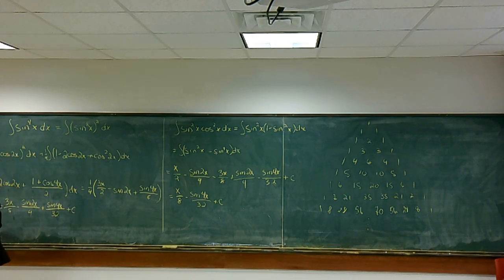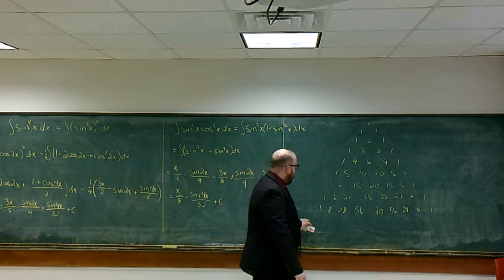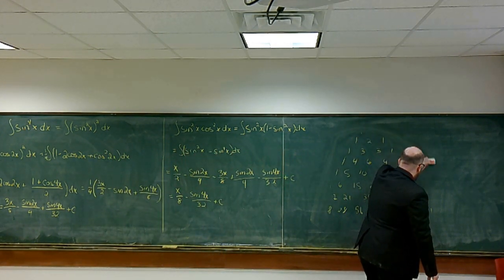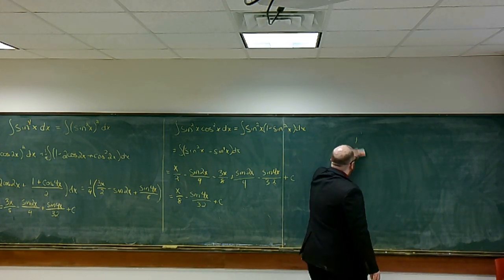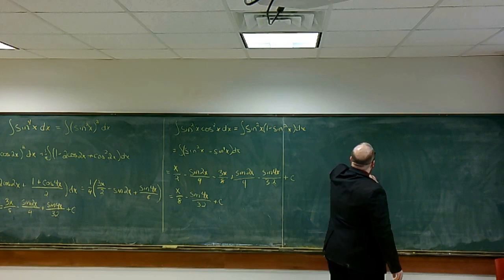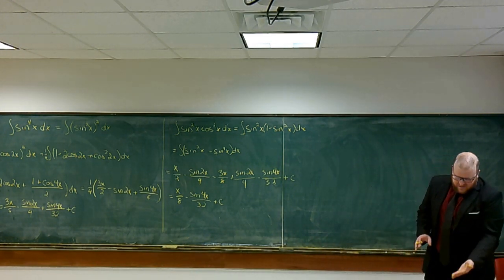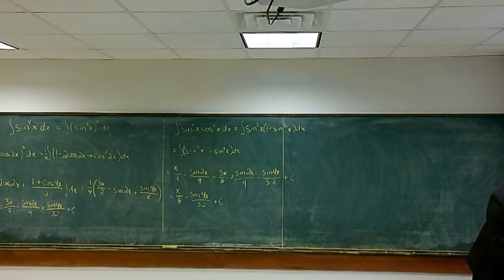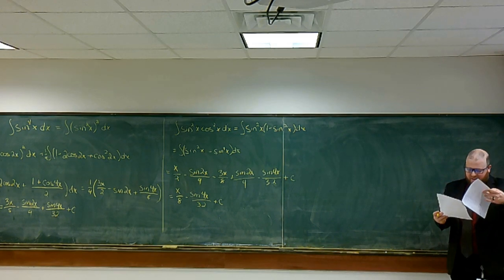What if we have sines and cosines of multiple angles? These I can never remember off the top of my head, these identities.